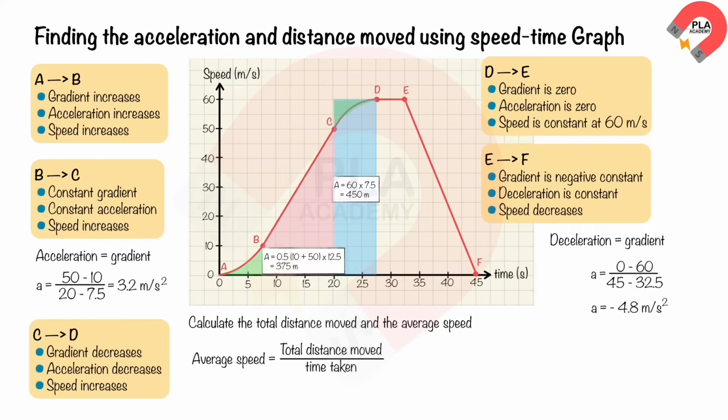The total area under the graph is equal to 375 plus 450 plus 675, which is equal to 1,500. The average speed is equal to 1500 divided by 45, which is equal to 33.3 meters per second, rounded to 3 significant figures.